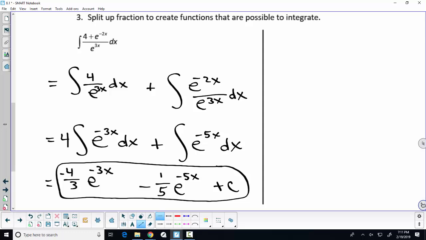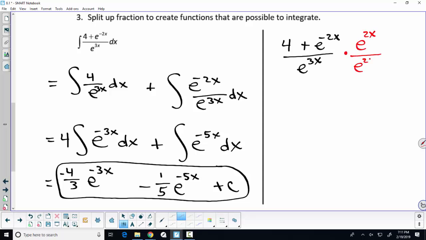So a similar approach as in example 1 would also work here. If we took our 4e to the negative 2x over e to the 3x and multiplied everything by e to the 2x, we've got a similar thing here.